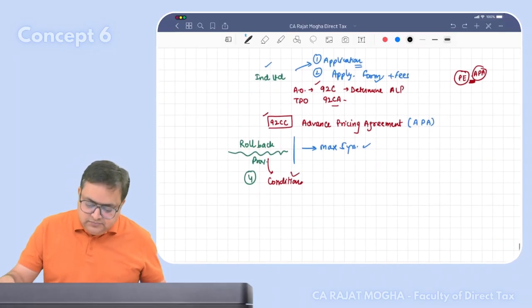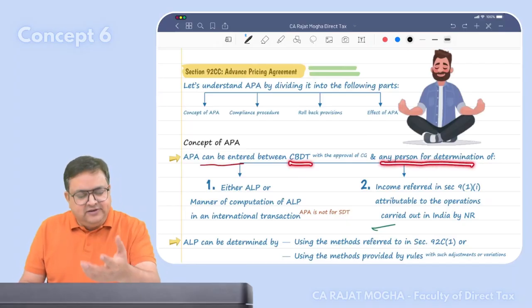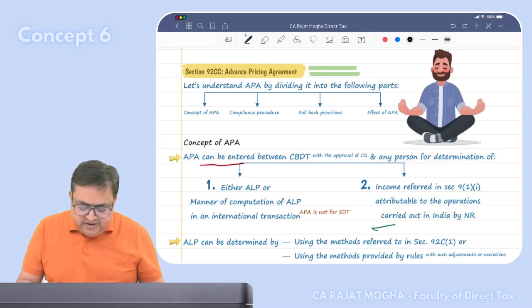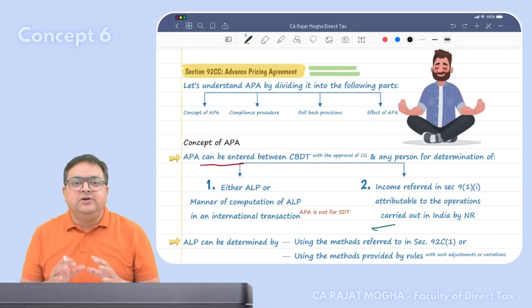Okay. So they are saying that today APA can be entered between CBDT and any person, and the person could be the taxpayer, right? For determination of either ALP, or the method of computing ALP.